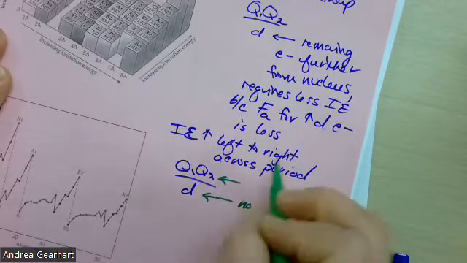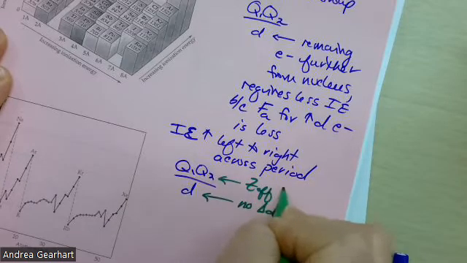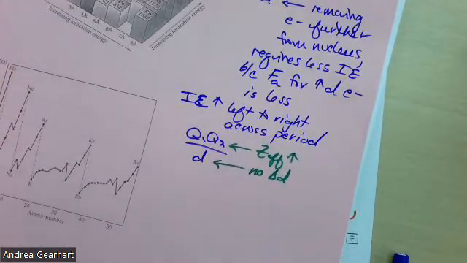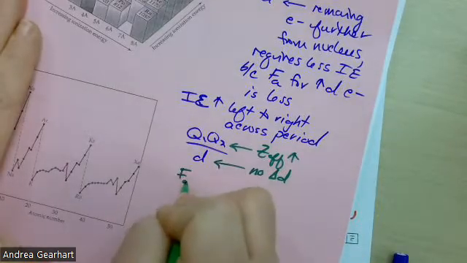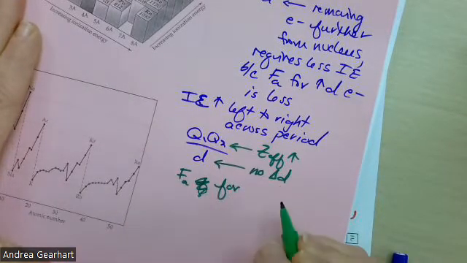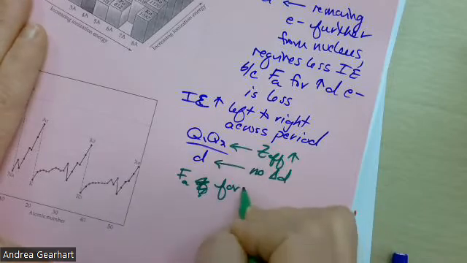But our nuclear strength is increasing. So the force of attraction as you move left to right is increasing. Therefore, the energy required to remove electrons increases.